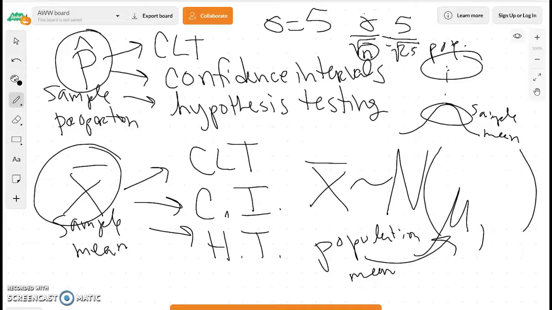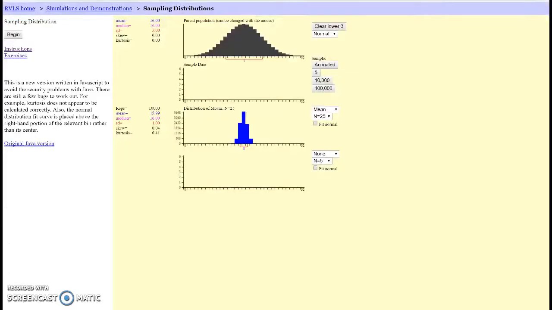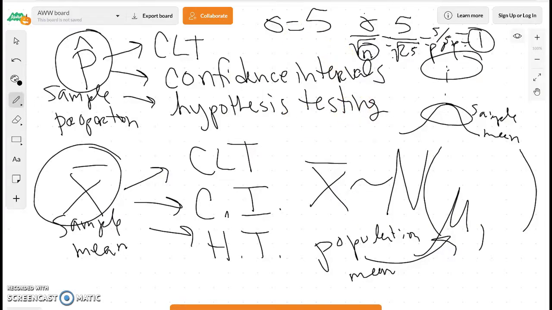So 5 divided by 5, because the square root of 25 is 5, is going to give me 1. That's how they got that, okay? Now, do we really need to know where this formula came from? Not really. You just need to know how to use it. So the standard error is sigma over square root of n.